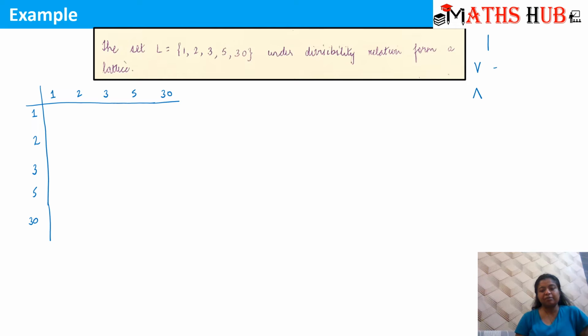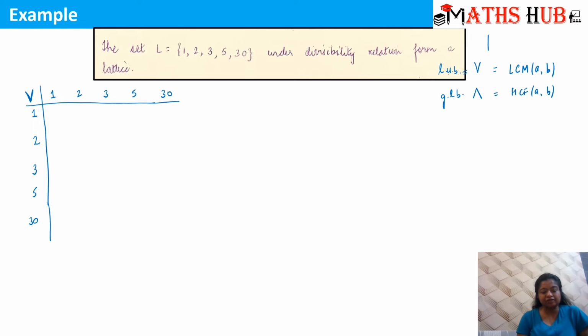So least upper bound means we have to calculate the LCM between the two elements A and B. And whenever we talk about meet, meet means that we are talking about the greatest lower bound, and it is called the HCF of the two elements, that is A and B. So now the first table that we will construct is the join table. So when it is a join table, you'll put the symbol of join here, right?